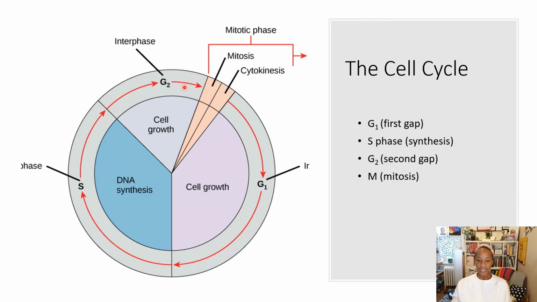Now finally, at the end of G2, the cell is ready for mitosis. Mitosis is a multi-step process during which the duplicated chromosomes are aligned, separated, and moved into new identical daughter cells. Mitosis then ends, like I said, in cytokinesis, which is the physical separation of the cytoplasm, going from one parent cell to two daughter cells.